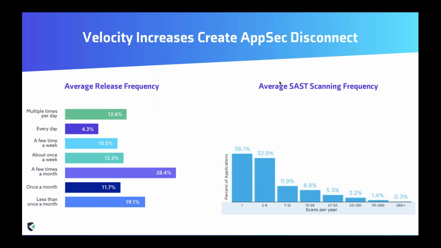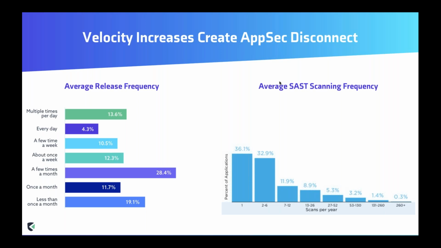Ultimately, the results of all this innovation on both sides have been a disconnect between release frequency. What you're looking at on the left is from our survey. We asked people, how often do you release? And on the right, what you're looking at is the scanning frequency by market share, the largest SAST scanning tool out there.